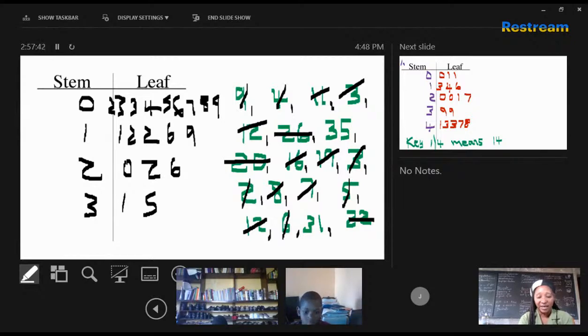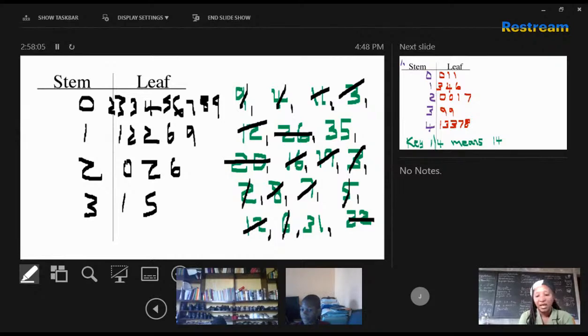We are going to find the mode, the mean, the median, and the range. For each of the stem and leaf plots in the first set of activities, we're going to find the mode, the mean, the median, and the range.